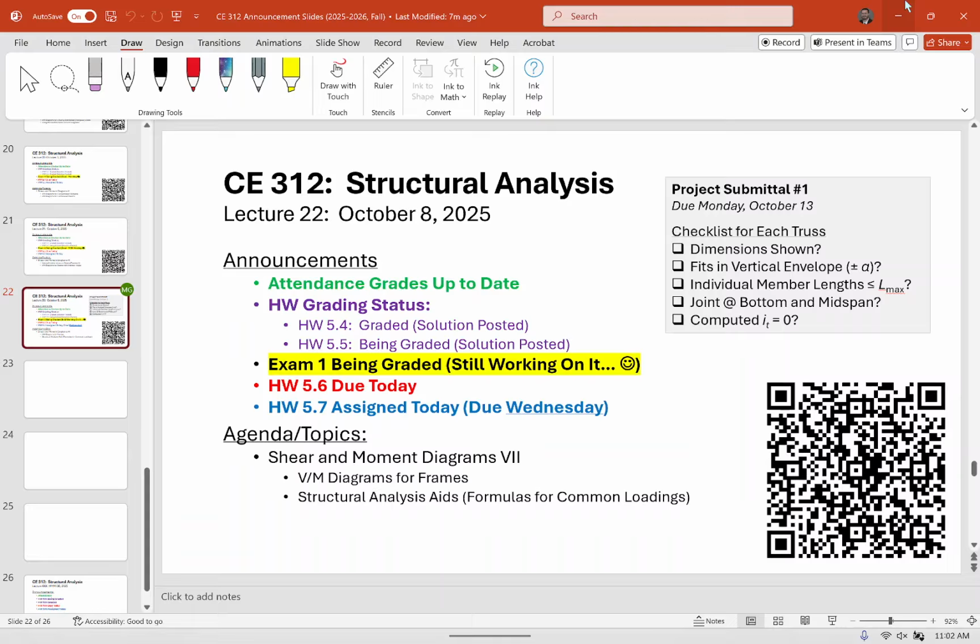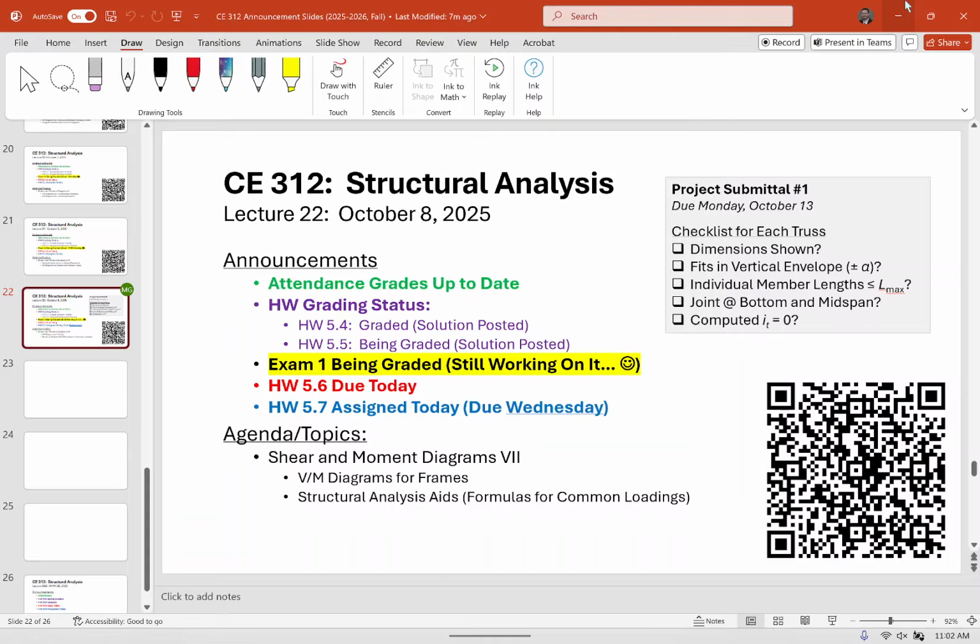Number 3, is each individual member length less than L max? For example, let's say alpha is 15 feet, which I think it actually is for this year. So if you have a truss member that looks like this, let's say we're looking at this diagonal.